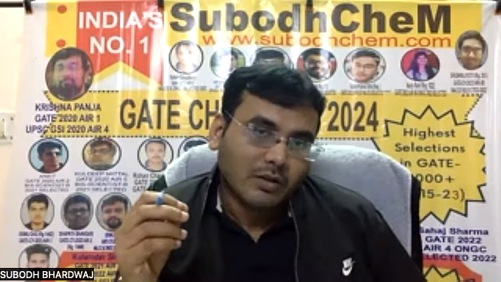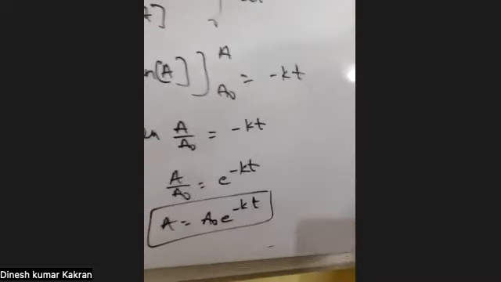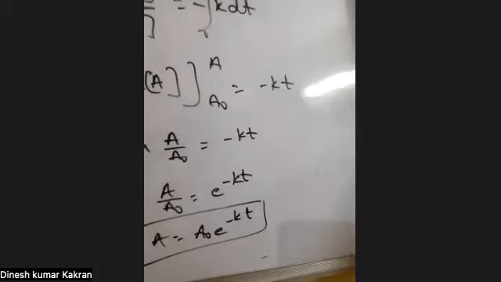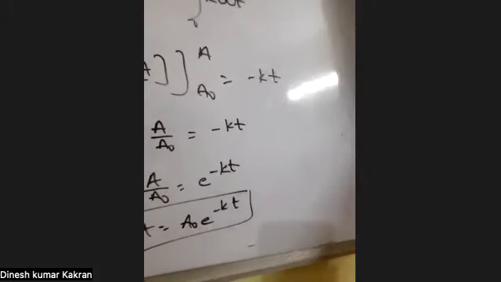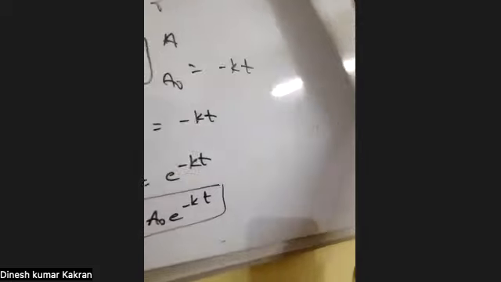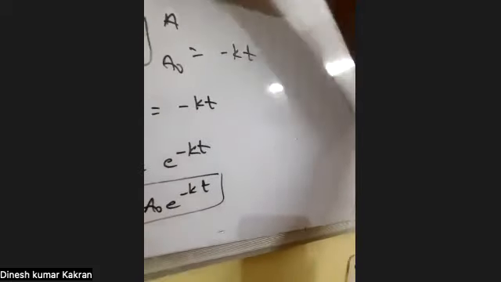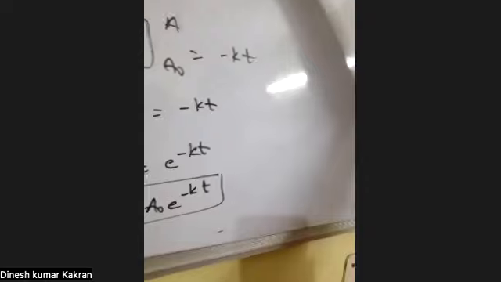Sir, I have derived that A is equal to A naught e to the power minus kt. If we take minus dA by dt is equal to Ka, then A goes into the denominator and dt goes to the other side. From 0 to T and A naught to A, if we solve it, the integration comes out to be natural log of A. On solving this, we get A is equal to A naught e to the power minus kt.